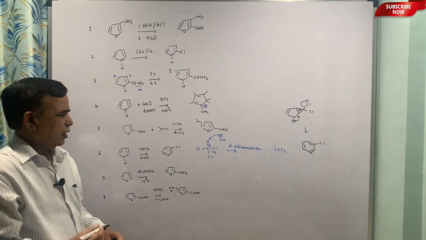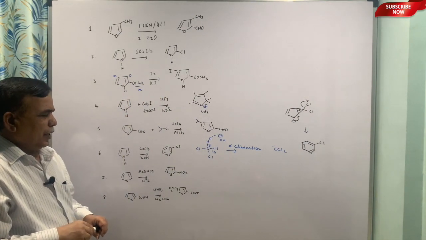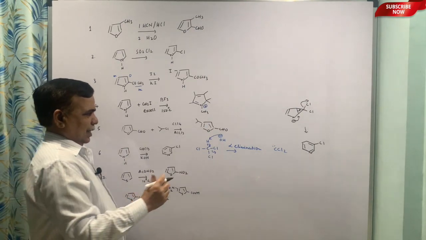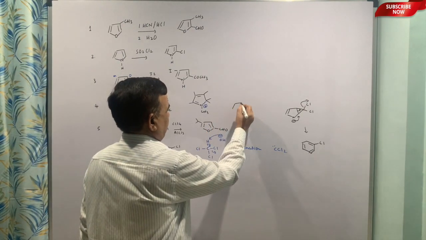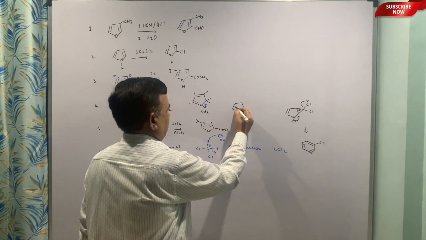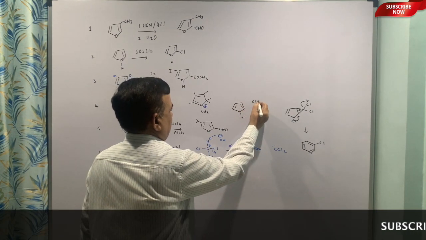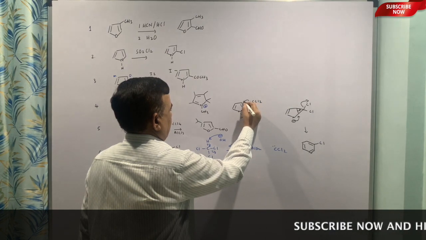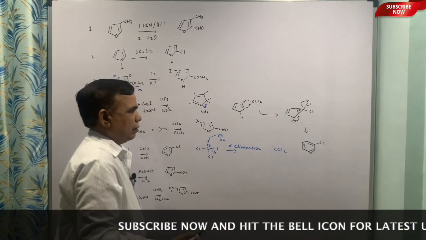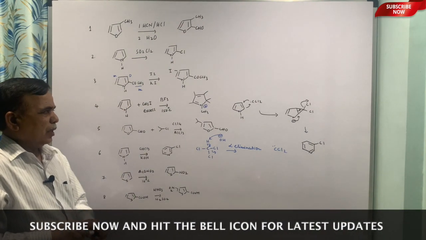So that becomes 3-chloropyridine as a product. So first of all, the key step is the formation of a 2 plus 1 adduct.